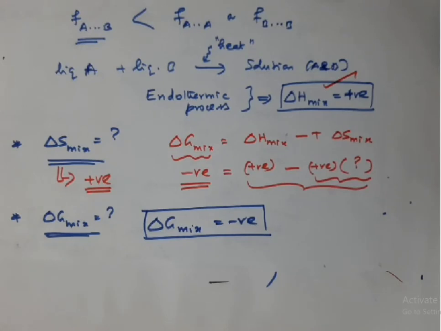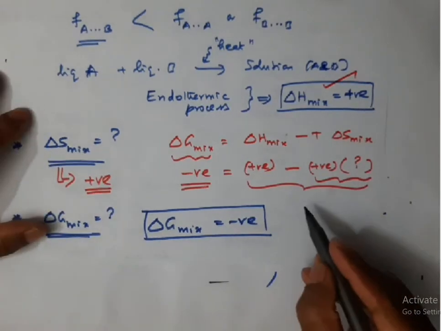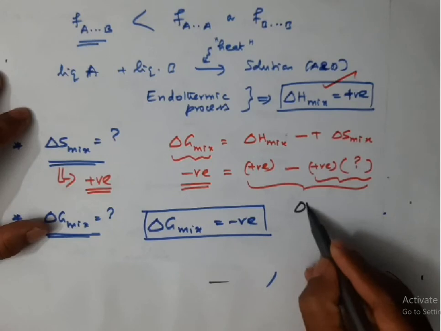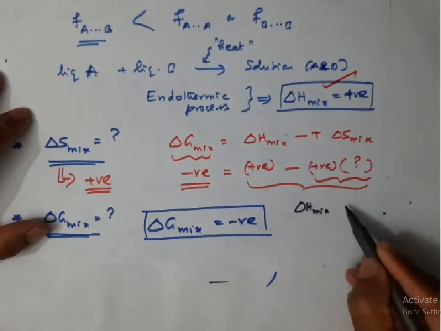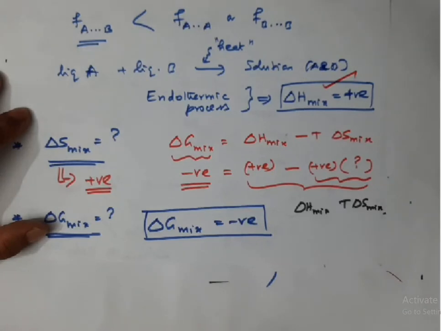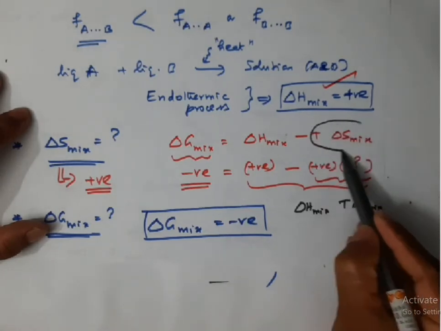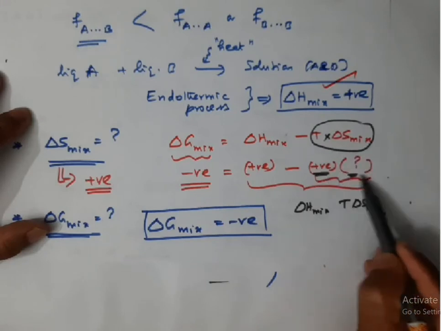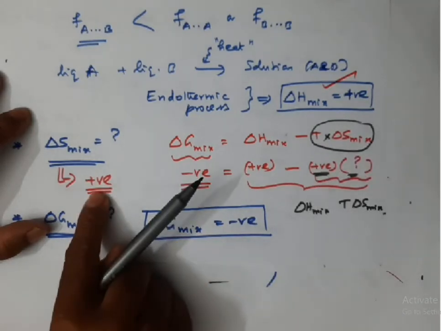And here you got another information by working out this. What is the information? Delta H mixing and T into delta S mixing. Students, observe this carefully. T into delta S mixing is positive, correct? Because temperature is positive, delta S mixing also positive, we found that.